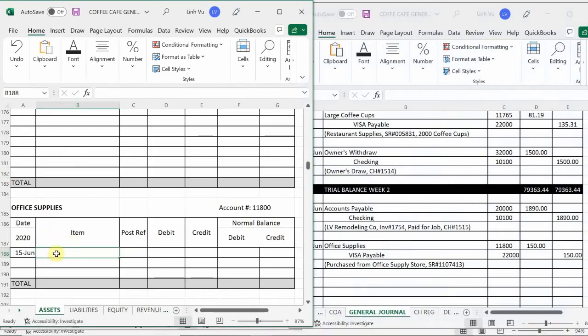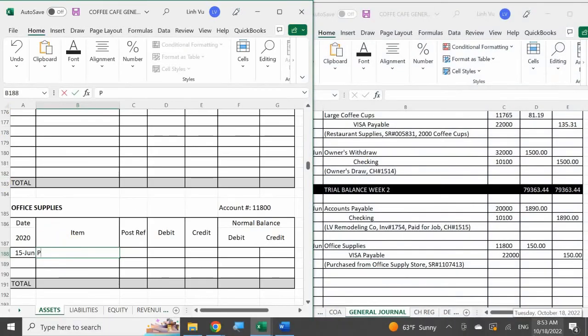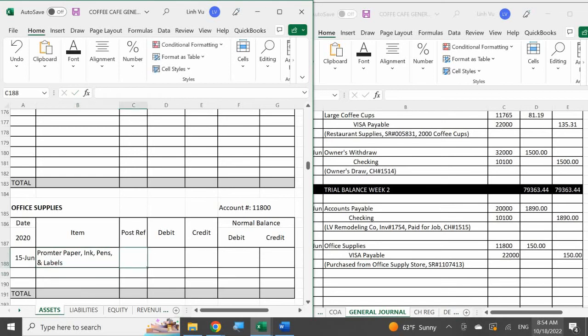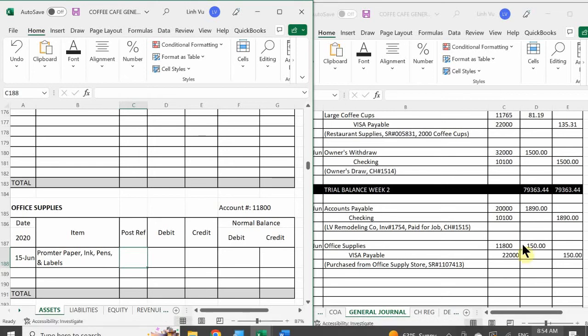So yes, I'm going to list it right here. What journal page am I on? Journal 5 still.